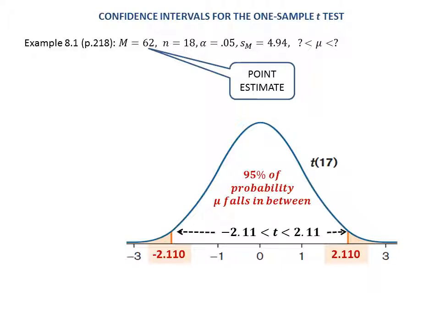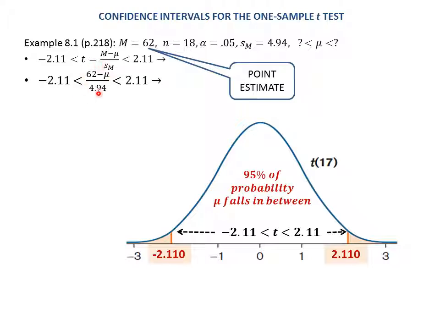The t statistic between the critical values can be stated this way: t is larger than minus 2.11 and smaller than 2.11. And we can use the t statistic formula to help find the interval.